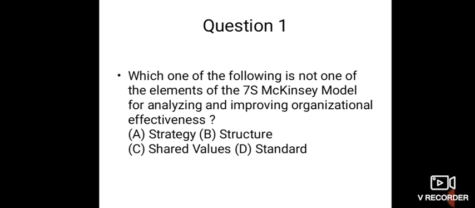Among the 7 S, which will not be in the McKinsey model, you need to identify that. And along with that, find which are all the 7 S of the McKinsey model. Okay, we'll take up the answer now.